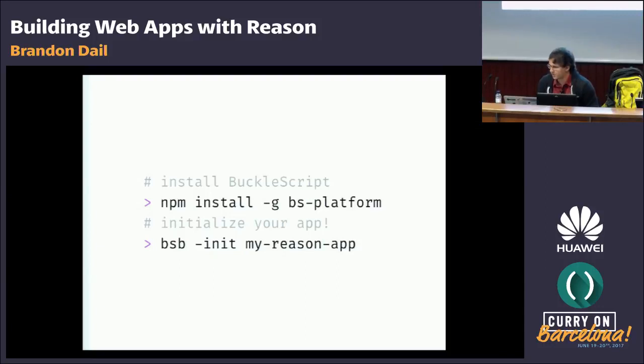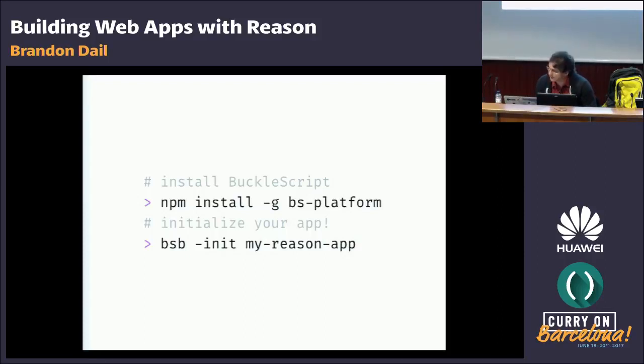So getting started with BuckleScript is super easy now. Really all you have to do is npm install bs-platform, which is the package for BuckleScript. And then it installs this global utility, bsb. And when you want to make an application that uses BuckleScript, you just call it with the init option, give it the name of your application, and it will set everything up for you, including getting the BuckleScript binary, setting up a node module, setting up a package.json, all that.